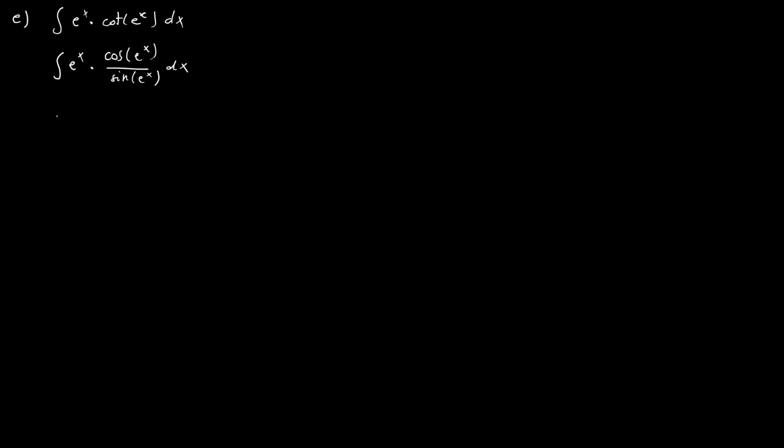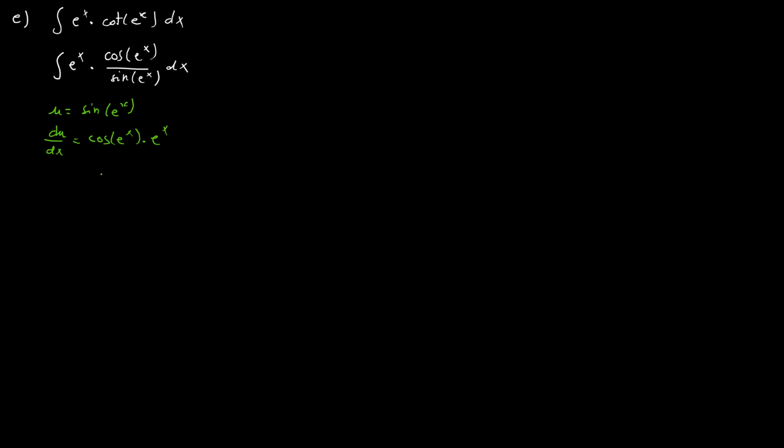So what do I mean with this? I mean that u is equal to sine e to the power of x, and if we derive that, we end up with what we can substitute. So we get du over dx is equal to cosine e to the power of x times e to the x.